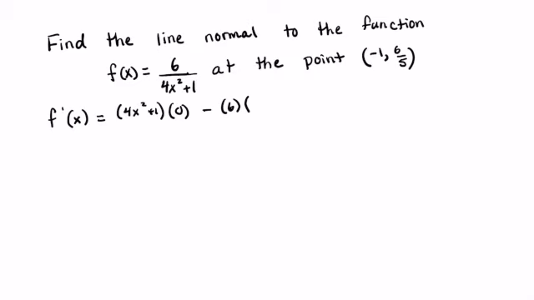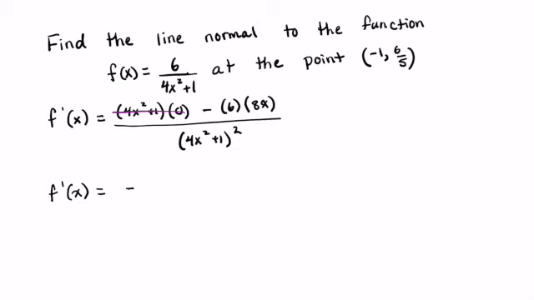Well, 4x squared plus 1 is just going to become 8x, over 4x squared plus 1 squared. Now, we can simplify and clean up a little bit. So f prime of x equals negative 48x over 4x squared plus 1 squared.